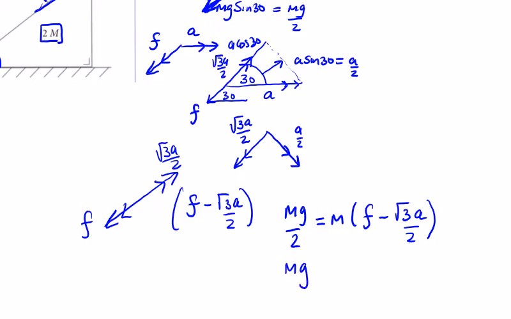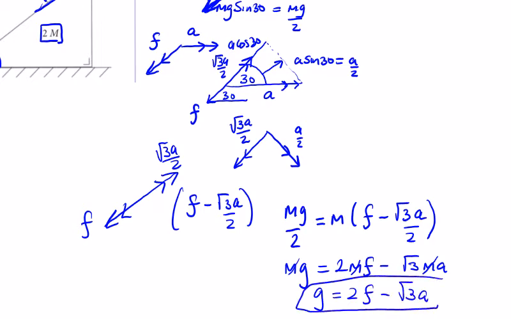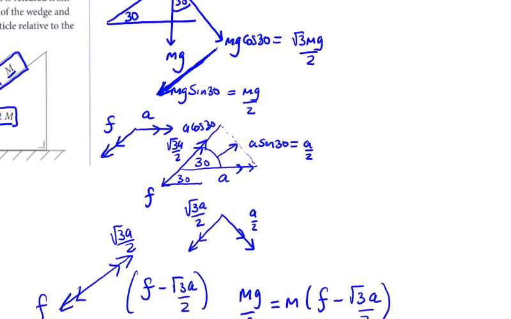If I multiply by 2, mg is equal to 2mf minus root 3ma, and I can divide by m to get g is equal to 2f minus root 3a. That's my first equation.